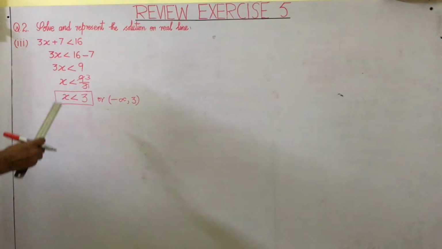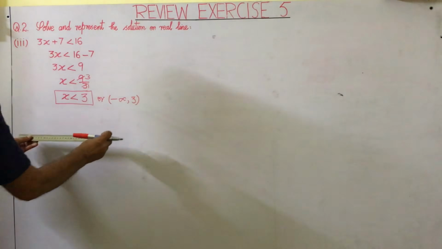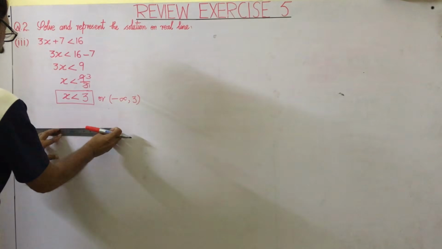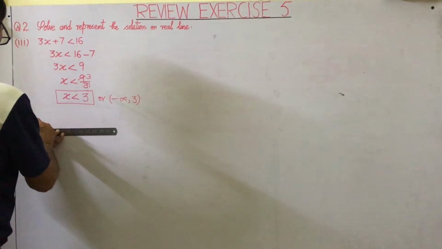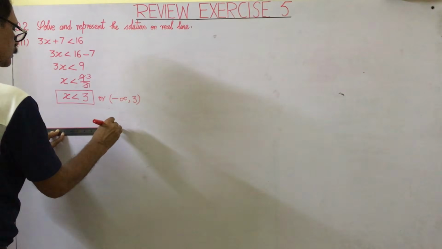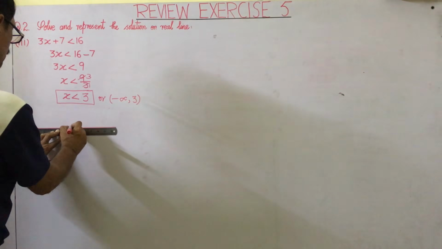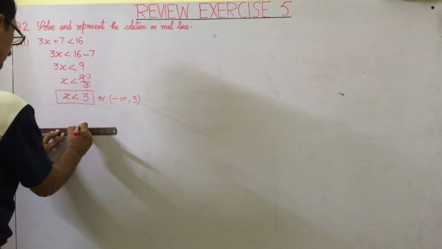Let us represent the solution on real line with the help of a foot ruler. Draw a straight line and mark equidistant points on the line.